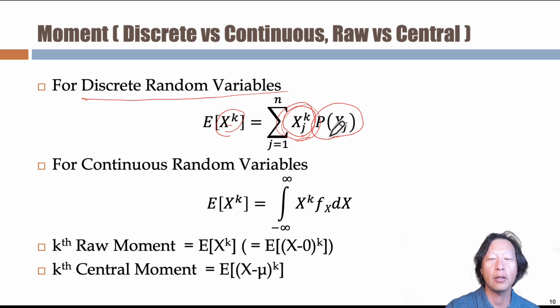This is the calculation of the expectation of x to the power k. Right? For the continuous case, we have to integrate. Here f(x) is the PDF, the probability density function.